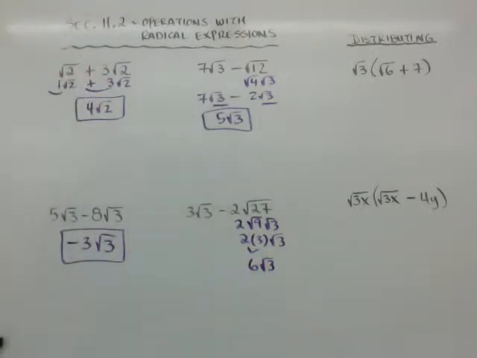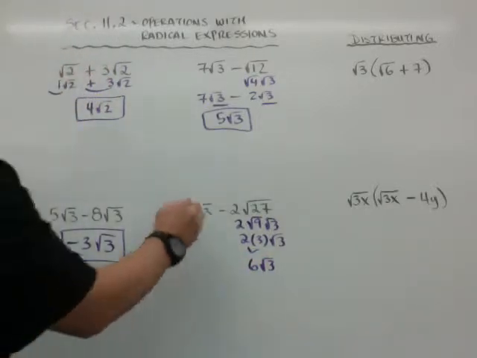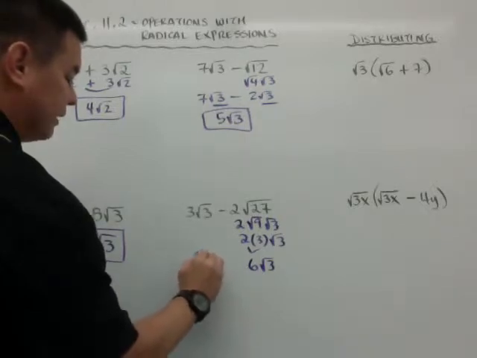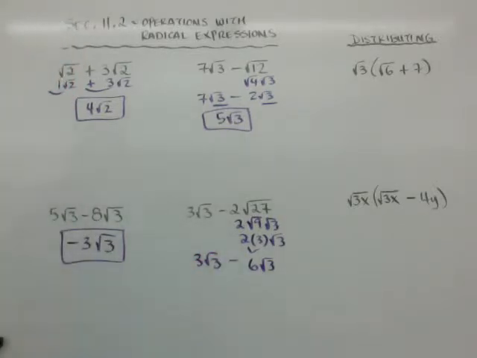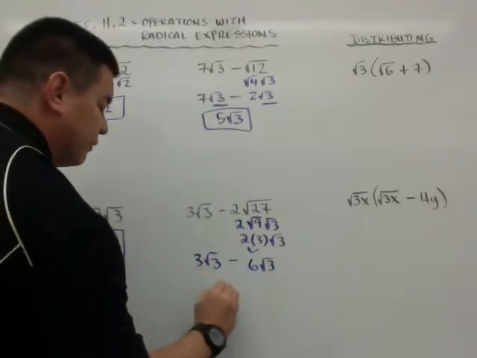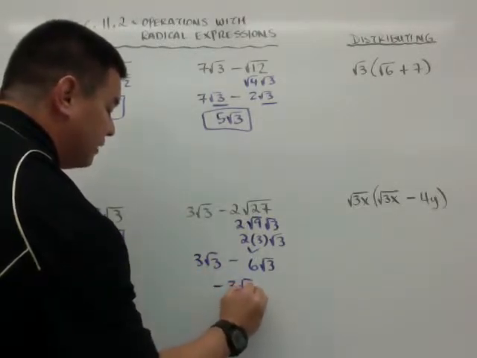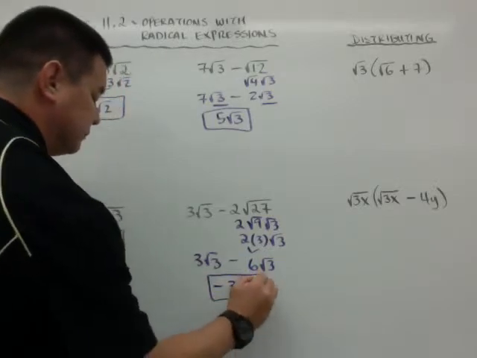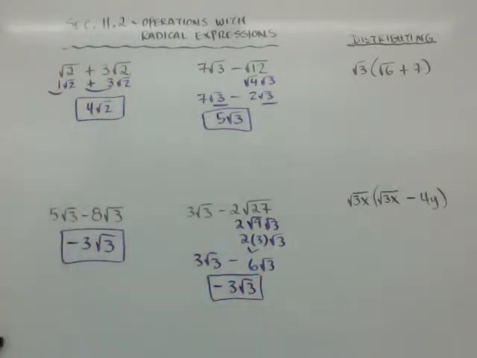So 2 radical 27 became 6 radical 3. Now when I drop this down, I get 3 radical 3 minus 6 radical 3, and 3 minus 6 is negative 3 radical 3. So I simplified that down to negative 3 radical 3.